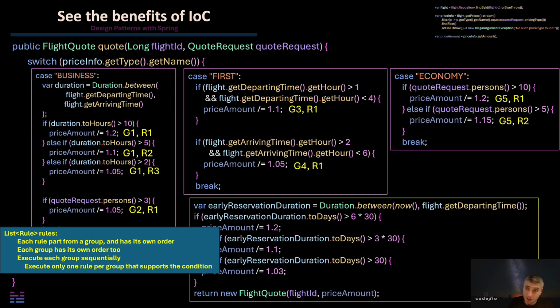And it is again another group. It's one whole group with 3 rules. Group 6, rule 1, rule 2, and rule 3. So we need only these kinds of rules, and they can be our strategies or chain of responsibility classes, and only these rules to be executed in sequence, one rule per group.